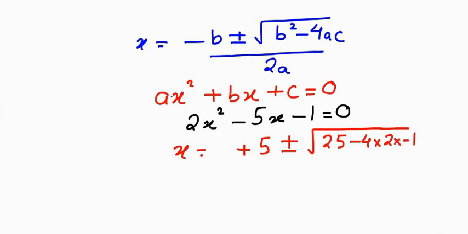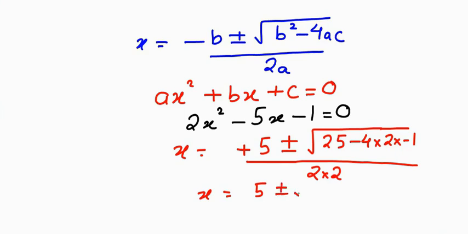Alright, a is the coefficient of x square, b is the coefficient of x, and c is the constant term. Upon 2 into a, so that is 2 into 2. So x is coming as 5 plus minus under root, this would be 25 plus 8, so it's going to be 33 upon 4.